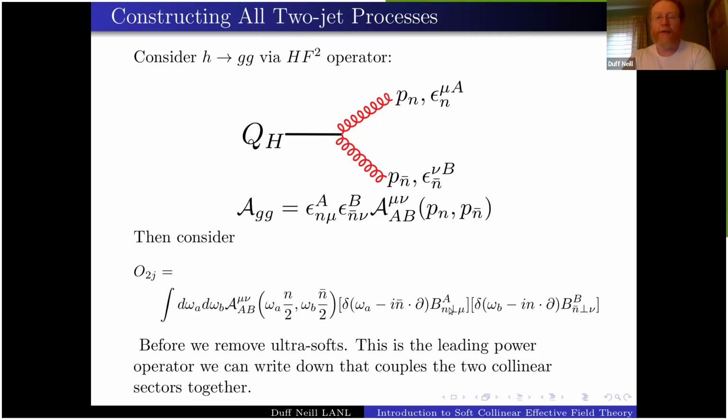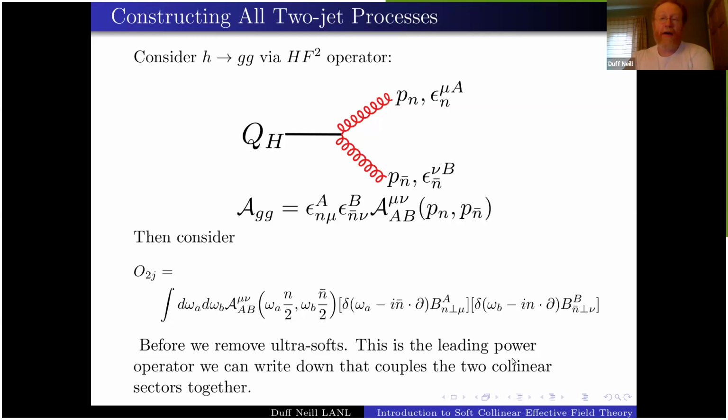We've gone through the argument that this Bn operator is gauge invariant, and this Bn bar operator, which is just the exact same construction, but now in the other collinear direction. I'm going to construct this before I've removed my ultrasofts, before I've done my field redefinition.